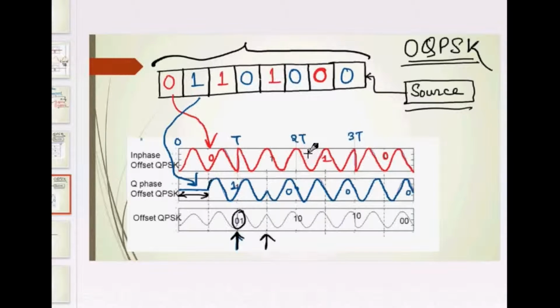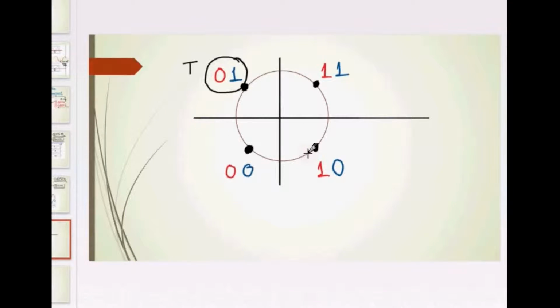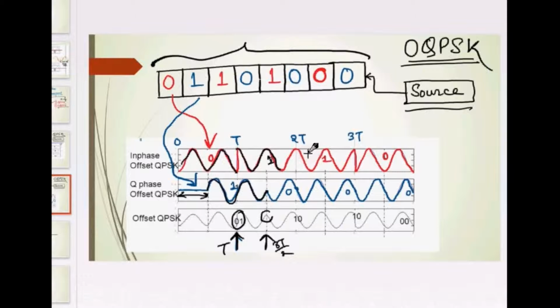Observe that your quadrature phase component has not changed, but the in phase component has changed, because at the sampling instant T, the in phase component was 0, but at the sampling instant 3T by 2, your in phase component is 1, right? So this was the data at T seconds, and at 3T by 2 seconds your data is 1 1, showing a 90 degree phase shift.